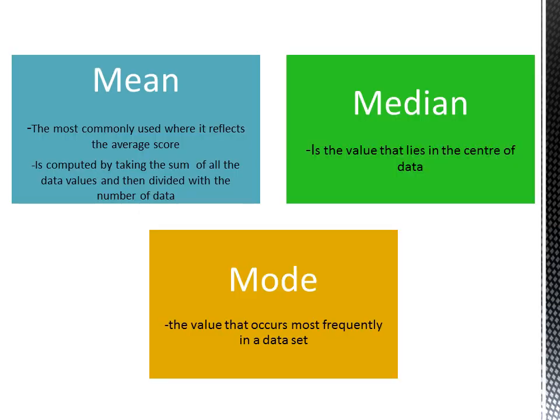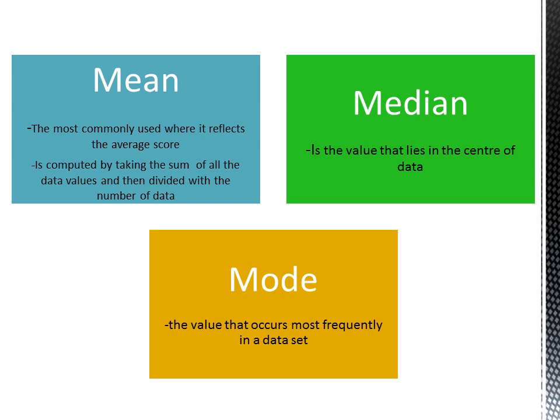First one, mean. Mean is the most commonly used, where it reflects the average score. For your information, in research and statistics, mean is the common indicator to measure the center of tendency, because we look at the average.